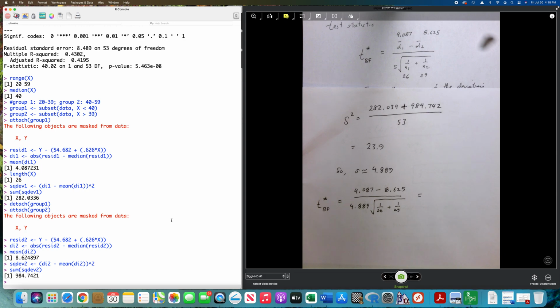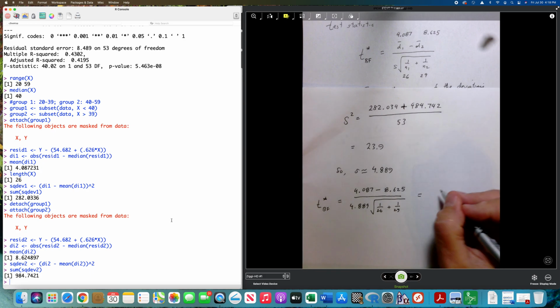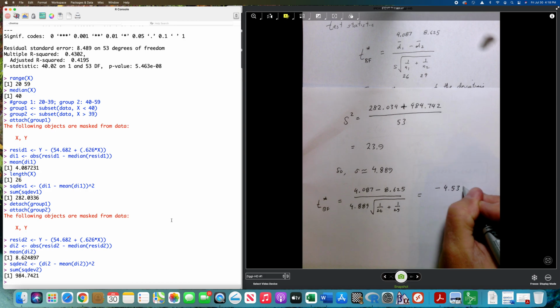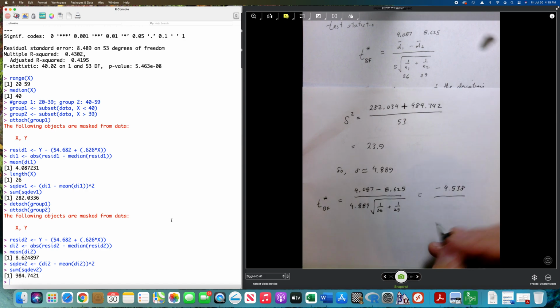Hate it when this happens. I'm too deep into the video to stop. And on the bottom, I get approximately 1.32.